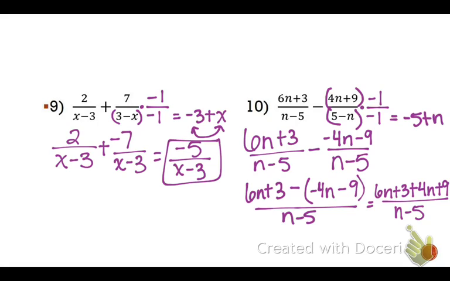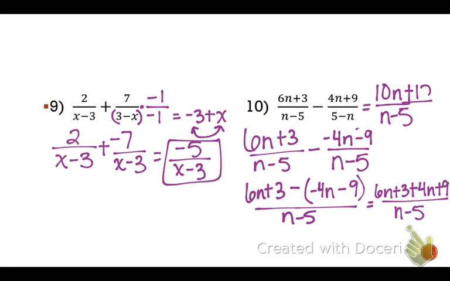Okay, now let's go ahead and get some space up here so we can actually write an answer. For now, my denominator is going to be that n minus 5. In my numerator, 10n plus 12. What should I do now?